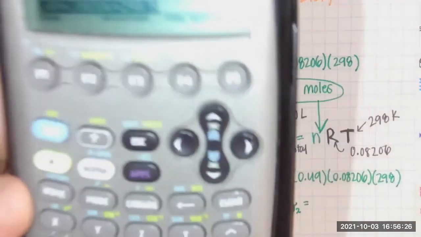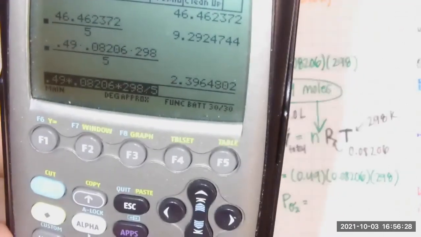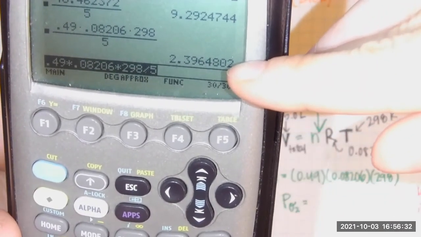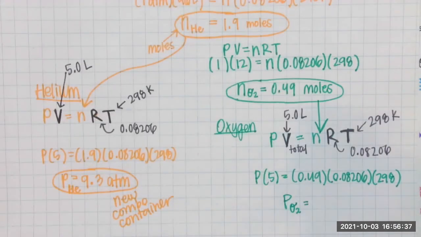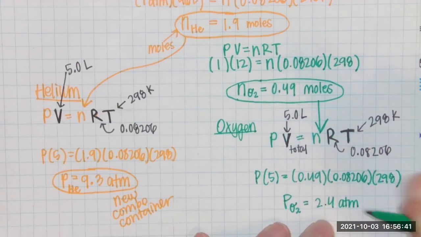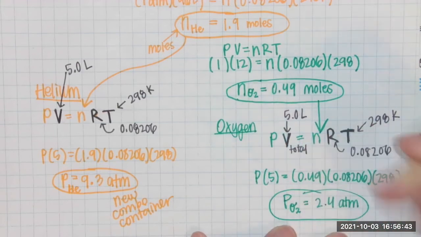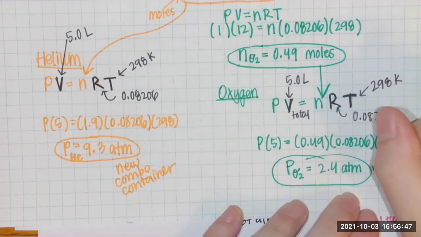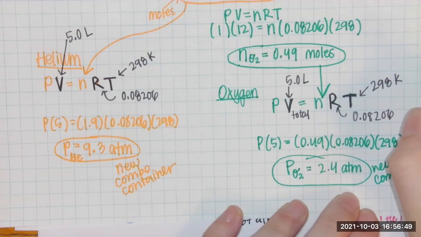I'm getting 2.396. I'm going to round that to 2.4. The oxygen is pressurized up to 2.4 atmospheres in our new combo tank.